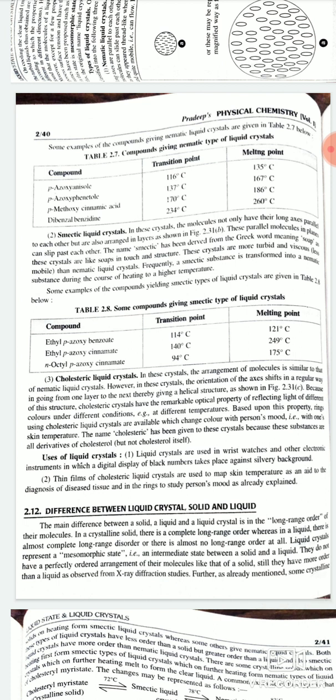Third type is cholesteric liquid crystals. In these crystals, the arrangement of molecules is similar to that of nematic liquid crystals. However, the orientation of the axis shifts in a regular way in going from one layer to the next, thereby giving a helical structure.